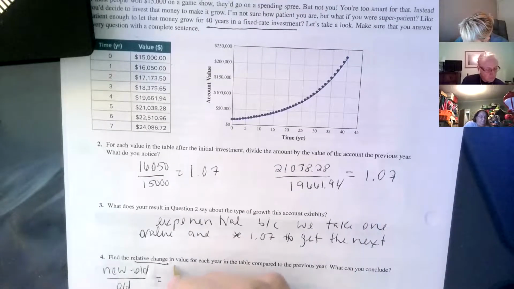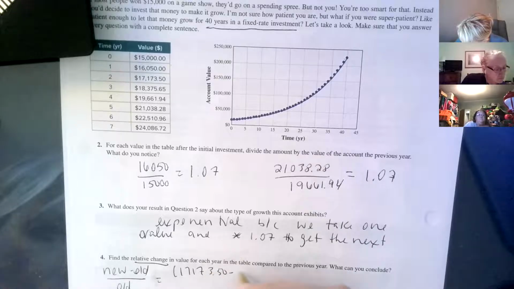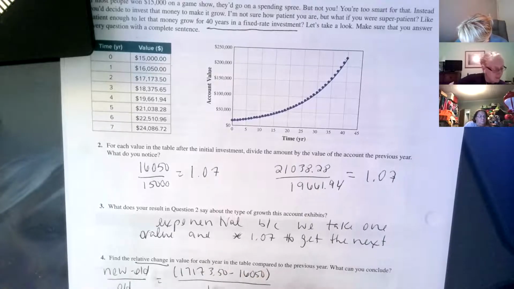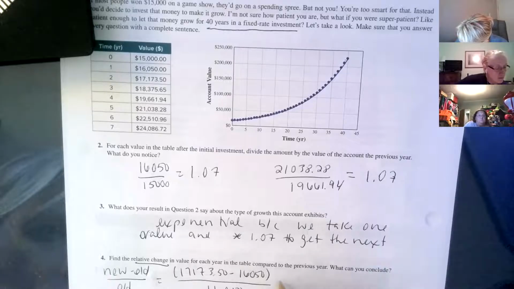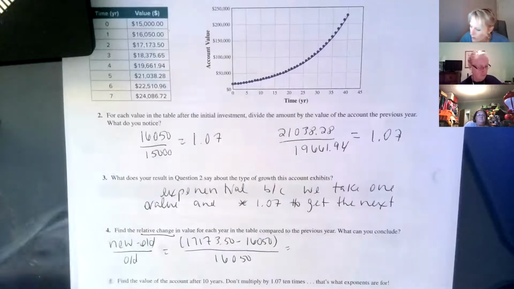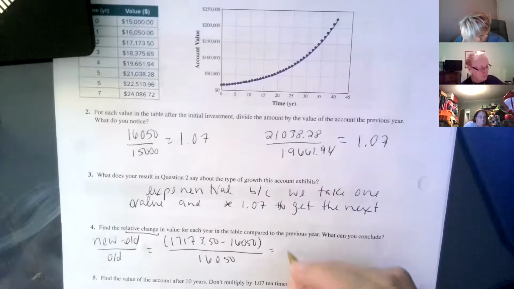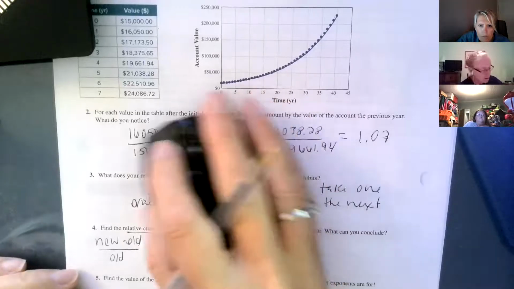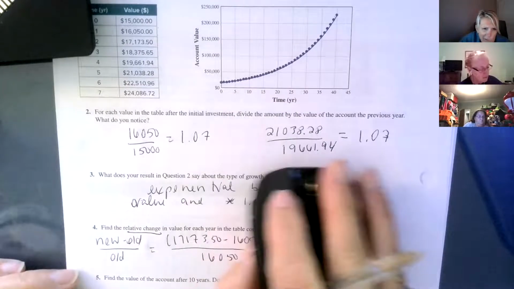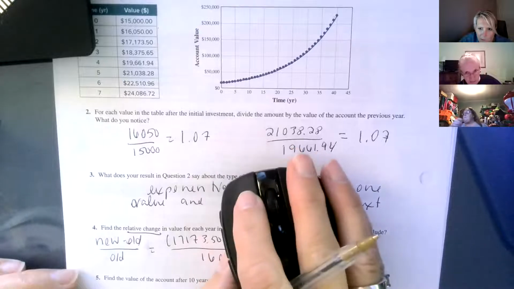But let's say we did the 17,173.50 and subtracted the previous 16,050 divided by the 16,050. And what did you get for the relative change? Mine was, I did the 16,500 minus the 15,000, 0.07.